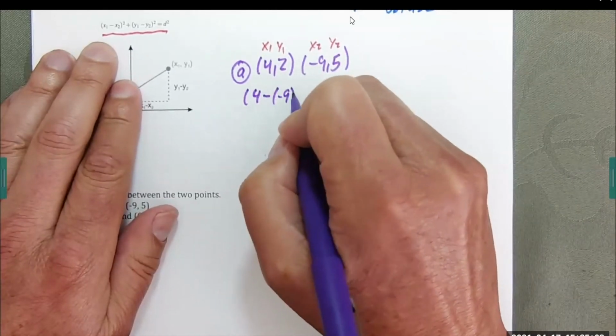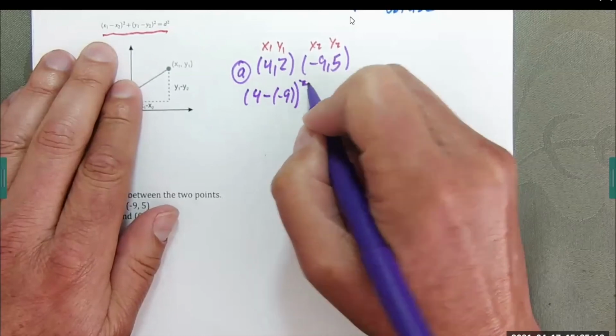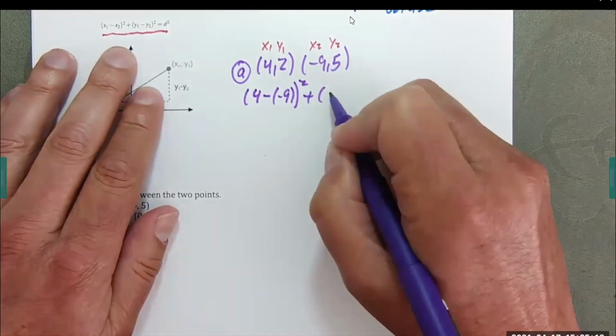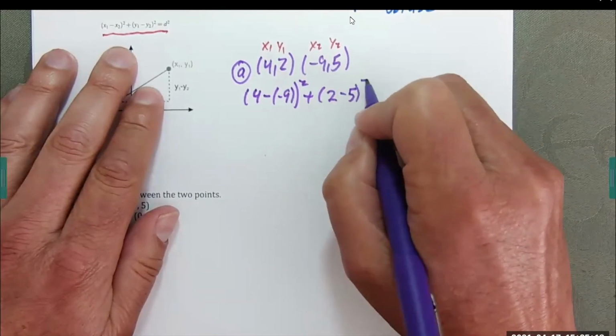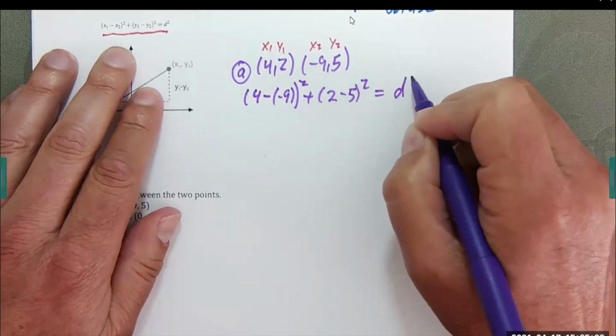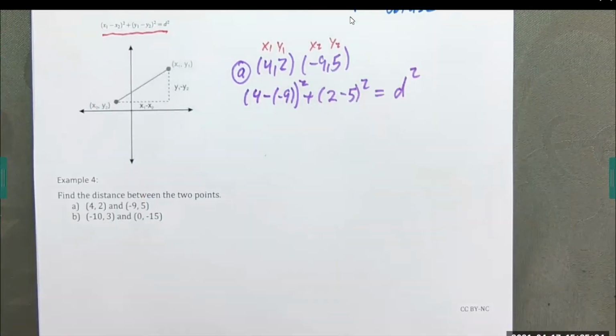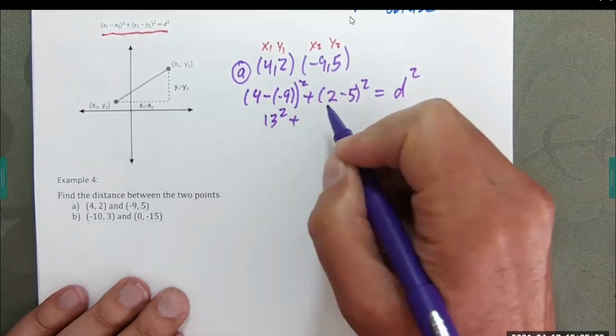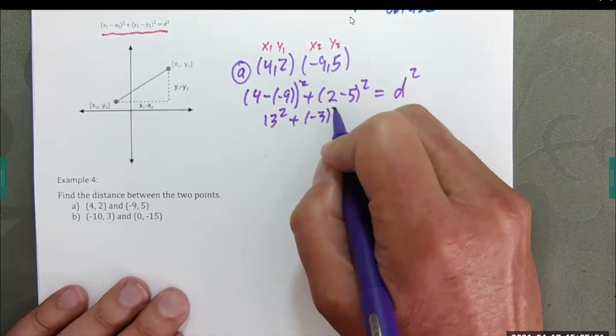There's that double negative thing I was talking about. Got to be careful. Squared plus 2 minus 5 squared will equal d squared. So I'll have to eventually take the square root. This becomes 13 squared plus -3 squared is d squared.